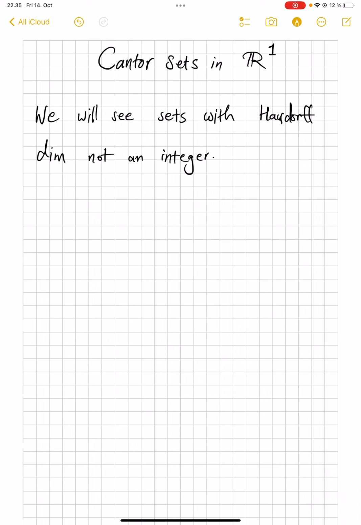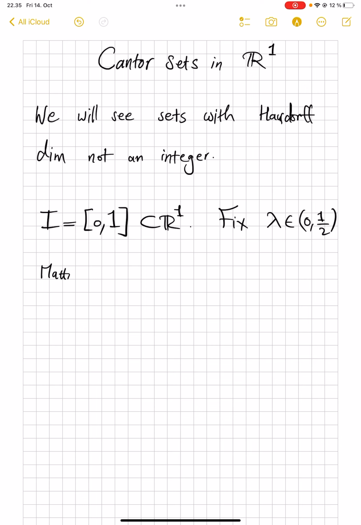Okay, let's start simple. We begin with the unit interval in R1, and then we fix some real number lambda between 0 and 1/2. So by the way, I'm following the book by Mattila.